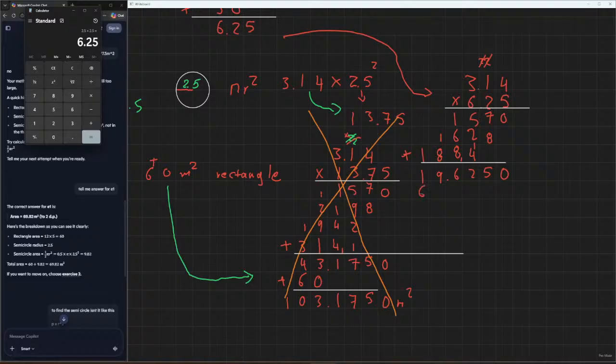So then we times it with a 60, we add it.